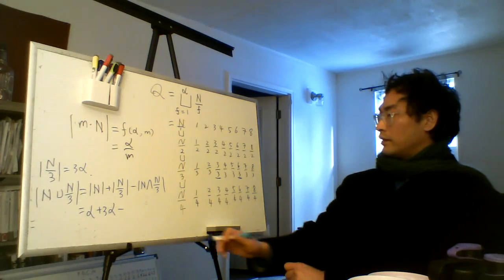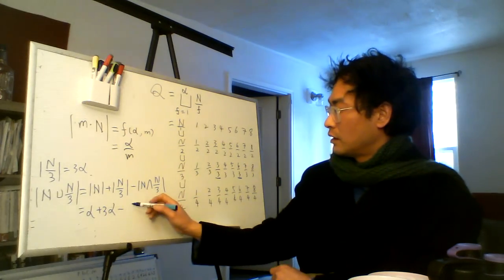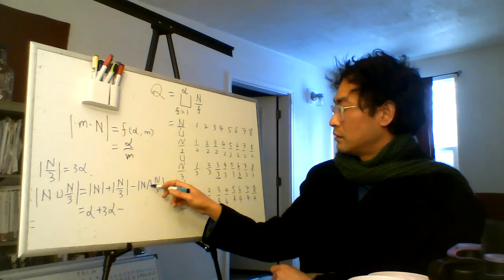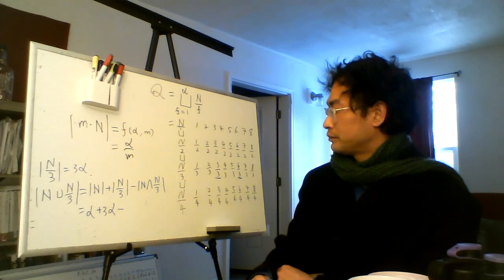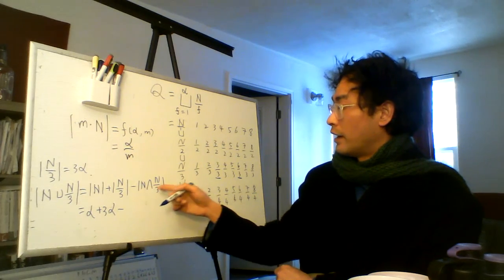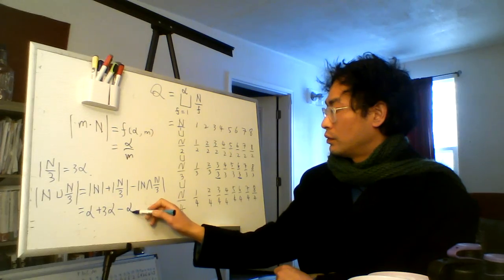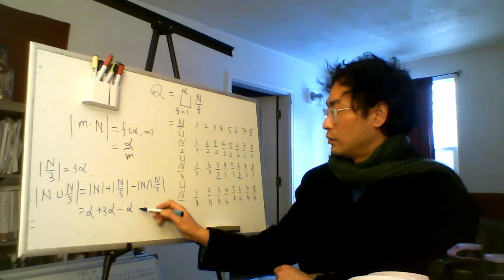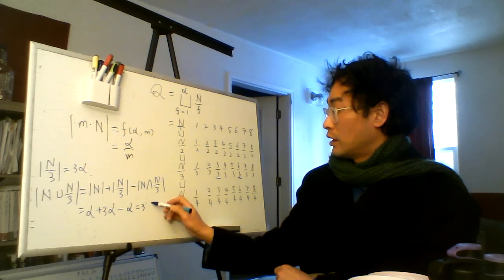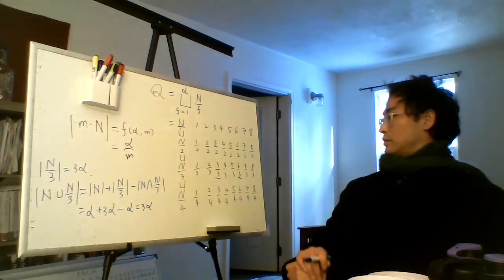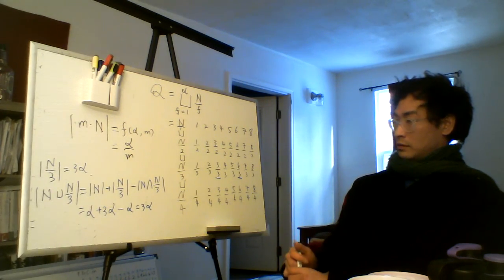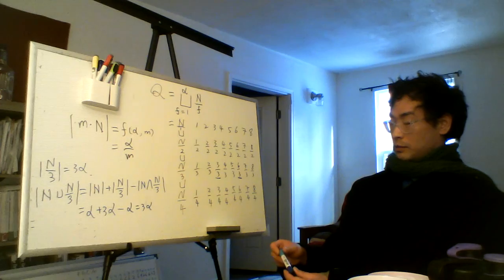So that's alpha, because this guy is just a shadow band. So this becomes 3 alpha. How interesting. That's unexpected.